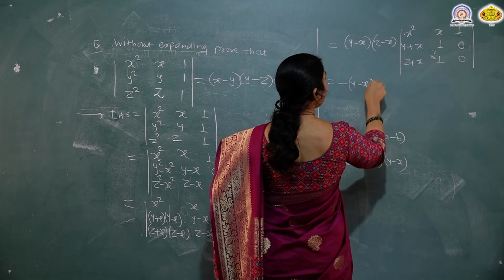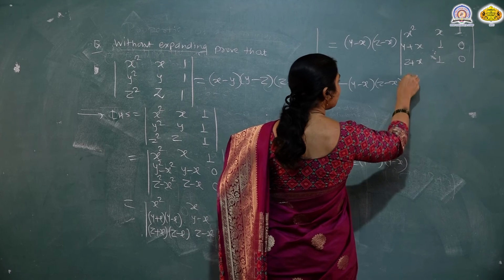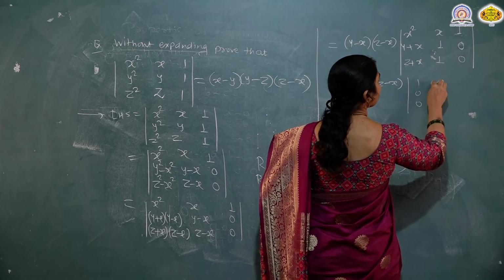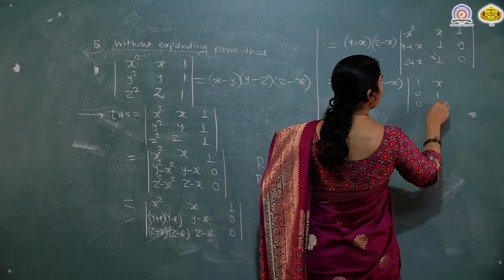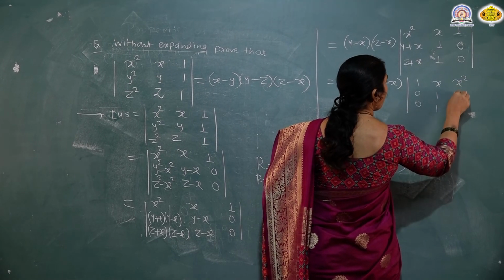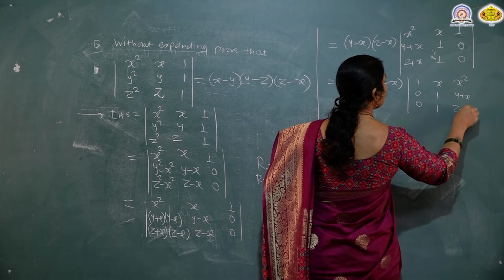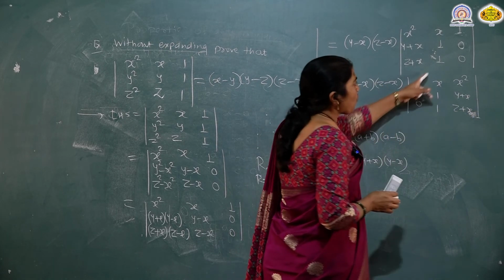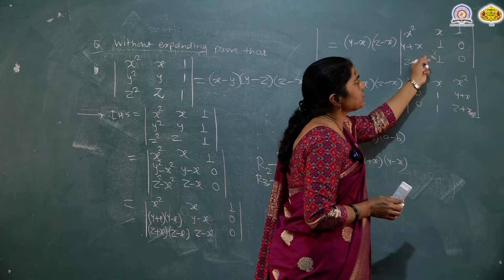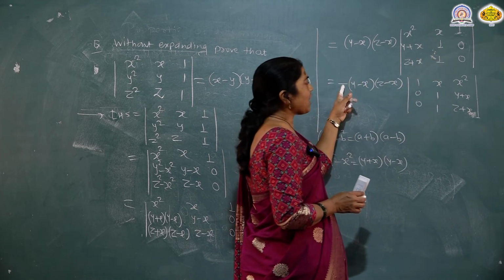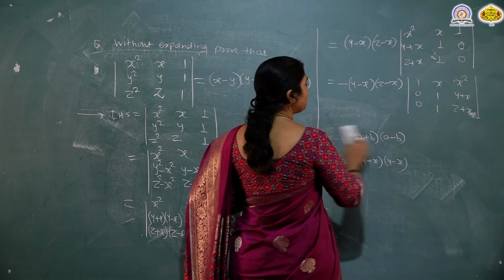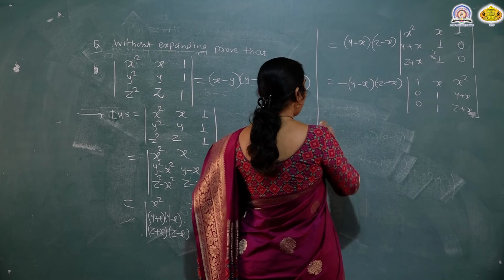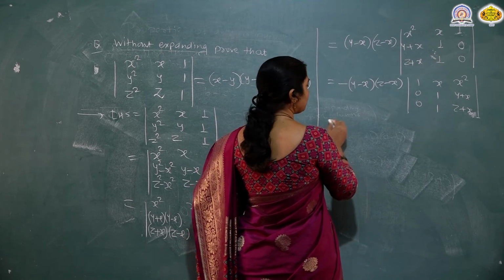It becomes y minus x, z minus x times the determinant of 1, x, x square; 0, 1, y plus x; 0, 1, z plus x. Because we are interchanging the first and third columns, the value of the determinant changes sign, so it becomes a minus sign. And now we can expand the determinant, which is simple.